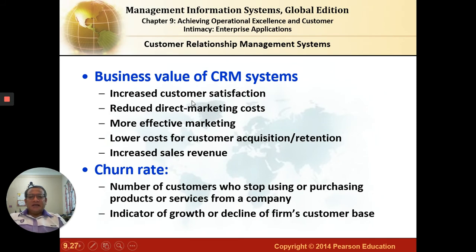So basically, CRM is to increase customer satisfaction by having close contact and relation with customers, to ensure customers are happy, customers are satisfied, and what they need is being served. And CRM is also able to reduce costs as far as marketing, so a company can market their product to customers more effectively.